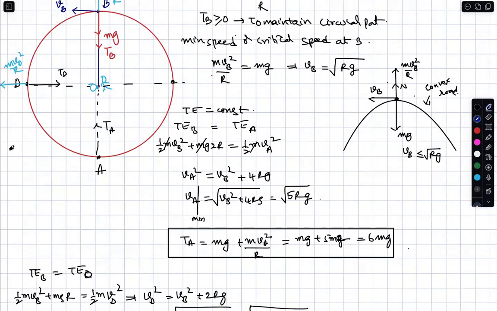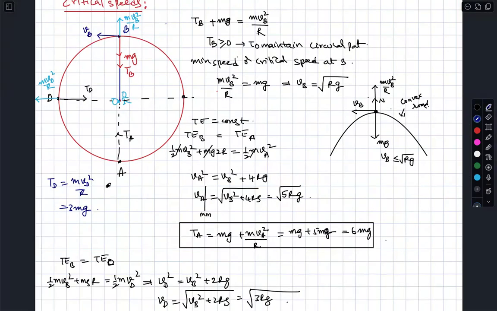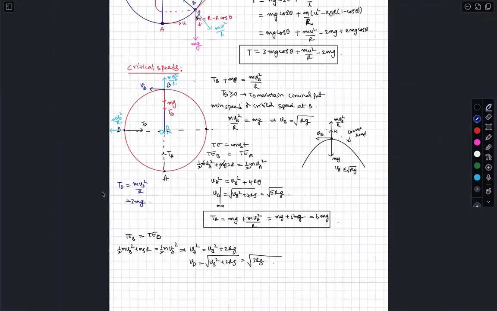Therefore, tension at D is simply mvd square by r, which is nothing but 3 mg. From B to D, it is 3 mg tension. For D to A, it is 6 mg tension. So this is about the critical velocities in case of vertical circular motion.